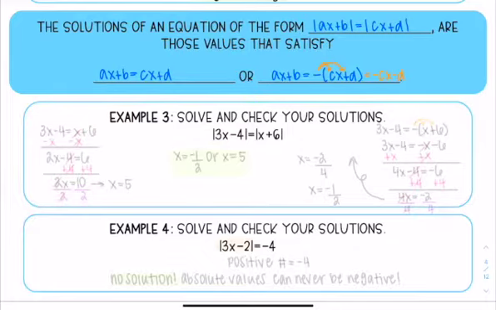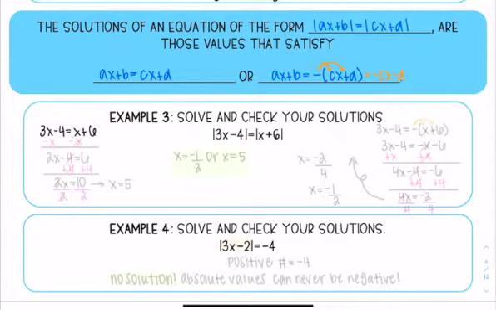So let's go ahead and try this with example number 3. We have two absolute values and they're equal to each other. In one case, we're just going to rewrite it as if there were no absolute value bars: 3x minus 4 equals x plus 6.